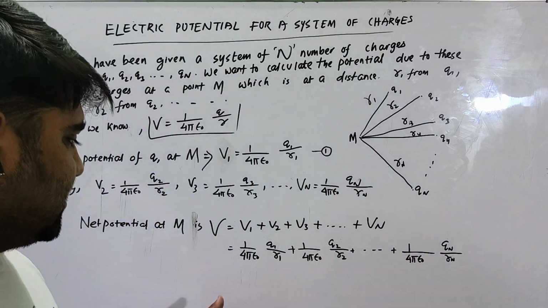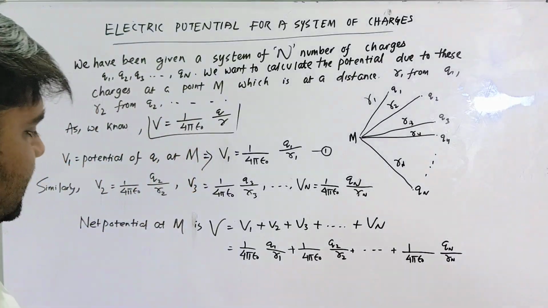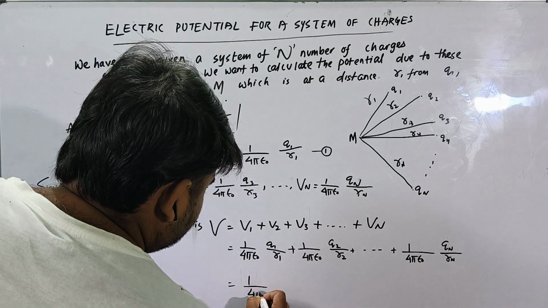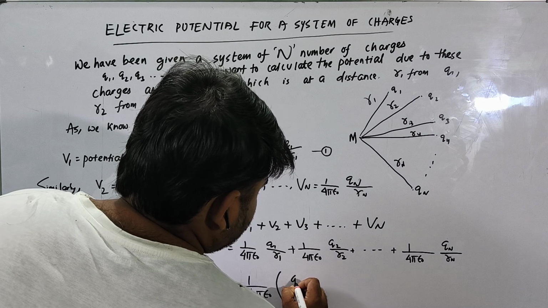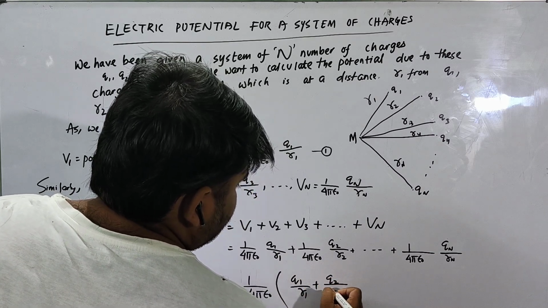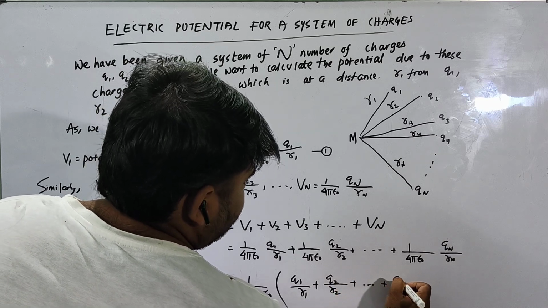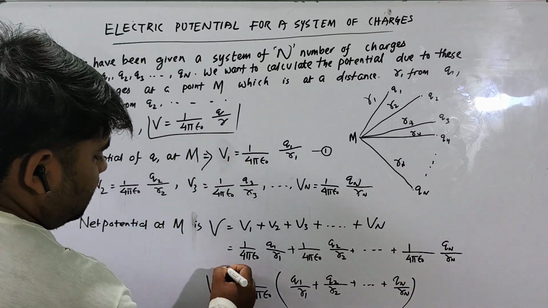You see there is a common term you can take out. What is that? It is 1 upon 4 pi epsilon naught. Inside the brackets you can write Q1 by R1 plus Q2 by R2 plus dot dot dot plus Qn upon Rn. This is your formula.